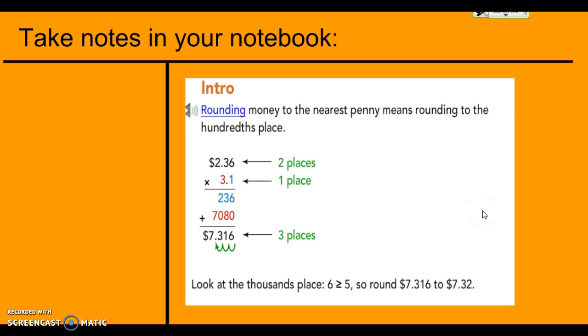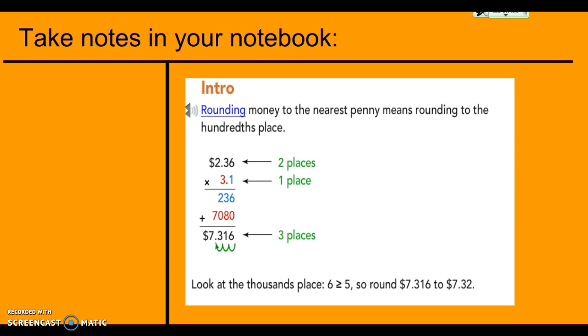Now, you need to remember that when you round money, or when you think of money, we only use two numbers after the decimal place. So, here you have $2.36 times 3 1/10. All right, when you look down here at the bottom, you have 7 3/16 thousandths as your answer.